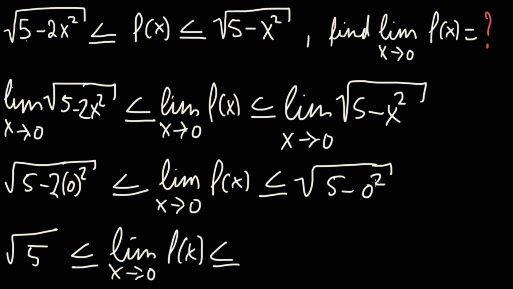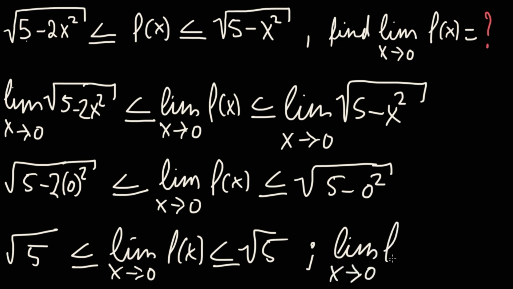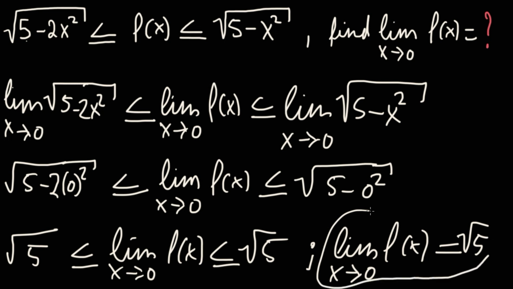And 5 minus 0 squared will be the square root of 5. So that means that the limit as x approaches 0 of f of x is equal to the square root of 5. That is the answer.